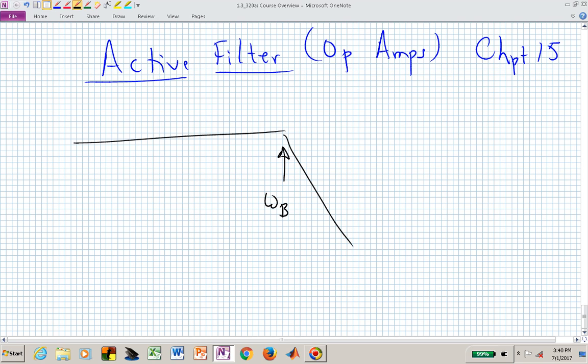bandwidth of response, here I'm trying to illustrate the magnitude response, and that's supposed to be a flat curve initially, and then it starts rolling off into the stop band. This is now our pass band. Over here, we're transitioning into the stop band, meaning frequencies beyond omega sub b we're trying to minimize in the output, and the frequencies in the pass band or below omega sub b we're trying to pass through that system.